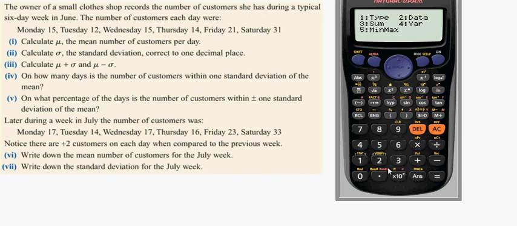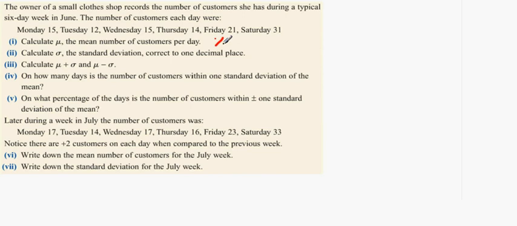That's the average, x bar, number 2, and we get 18. X bar equals 18.